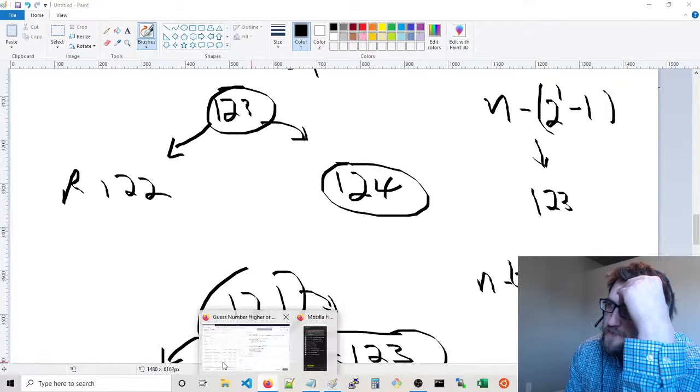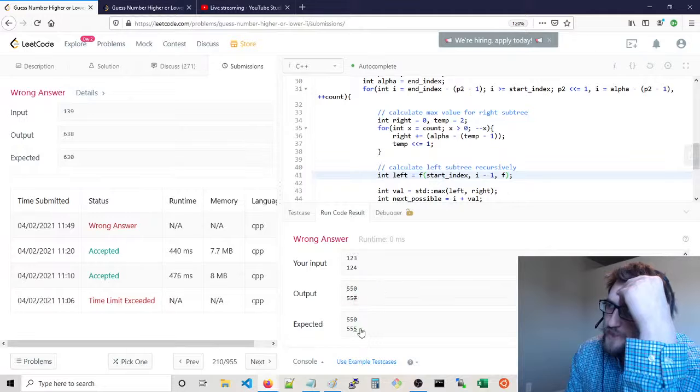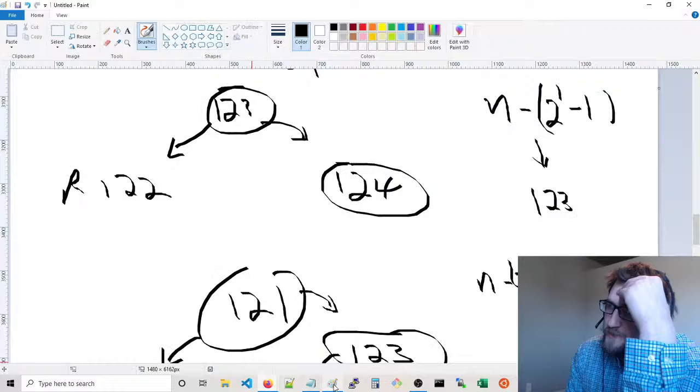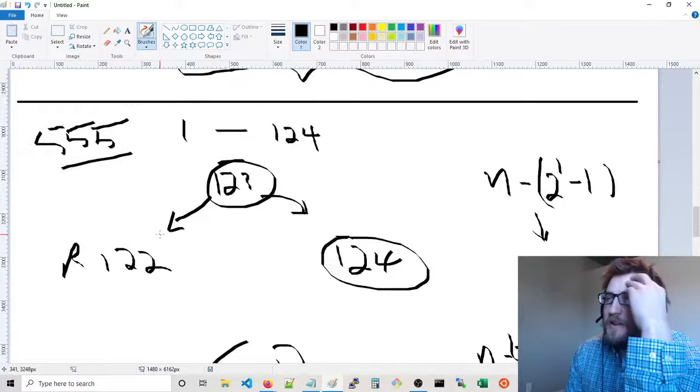So to get the value that we're looking for, which is 555, do any of these possibilities get us 555? That's the question.